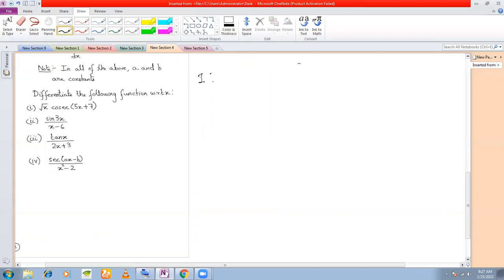1, 3. Function here is tan x by 2x plus 3. Again, use the u by v rule. dy dx is d dx tan x by 2x plus 3.